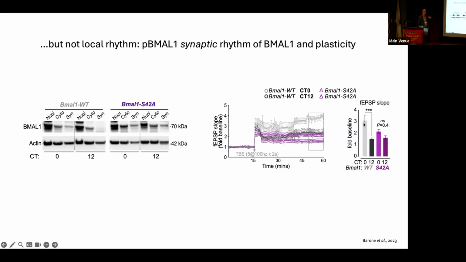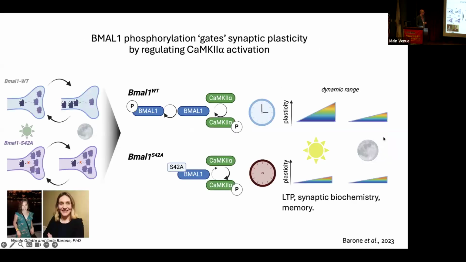We recapitulated work from other groups showing that there is a rhythm to long-term potentiation. It's higher in the morning compared to the evening. But in our mutant, there's a slight effect, but it's completely not significant. So again, even though the global behavior of the mouse is normal, the difference between the morning and evening at the level of the synapse and synaptic function is lost.